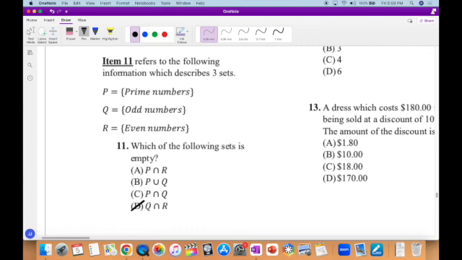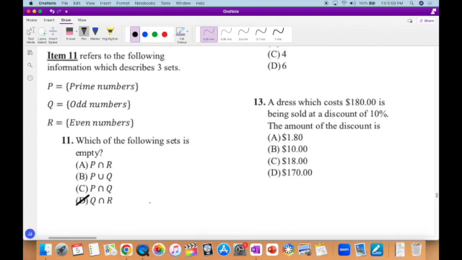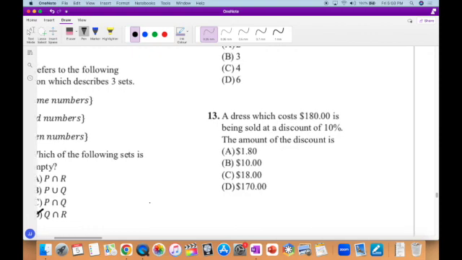We could check the rest of them, but definitely Q intersect R. P intersect Q, prime numbers and odd numbers, not at all. P union Q, no, and P intersect R, primes and evens. Well, 2 is an even prime. The only even prime is 2. So yeah, not that.